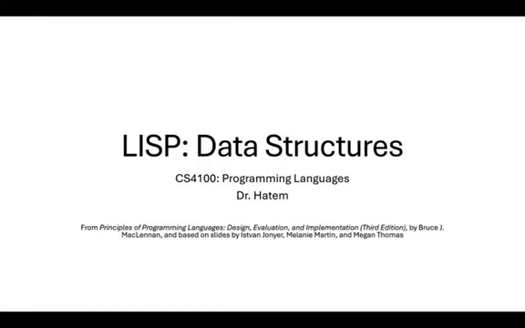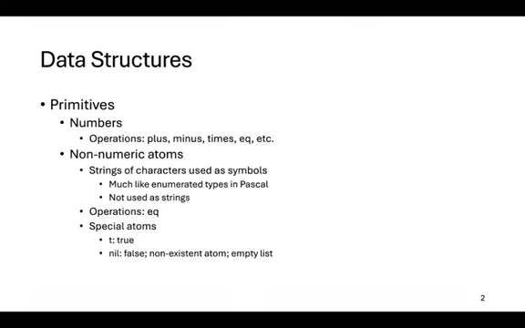In our previous video, we talked a little bit about how the list is the main data structure in Lisp. In this video, we will dig deeper into that and discuss the different data structures that exist in Lisp besides the list. In Lisp, we can still have primitive data structures like numbers, and you can apply operations on numbers like plus, minus, times, and equal.